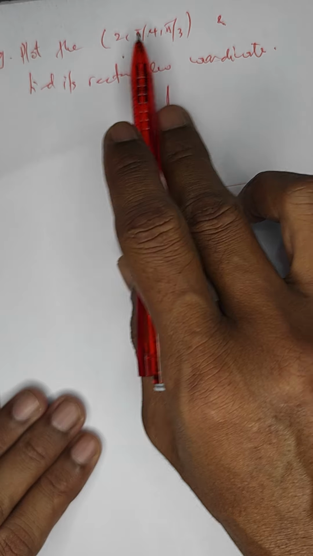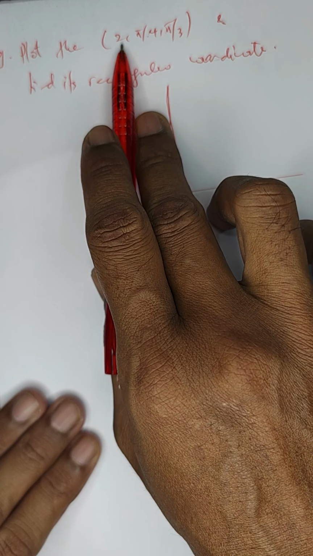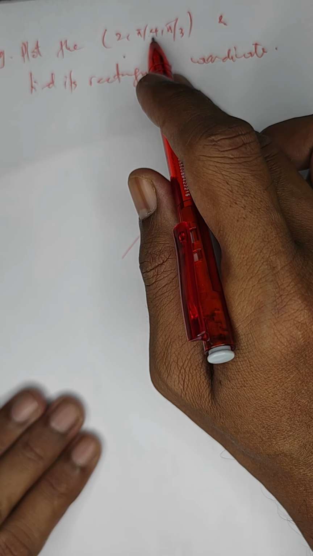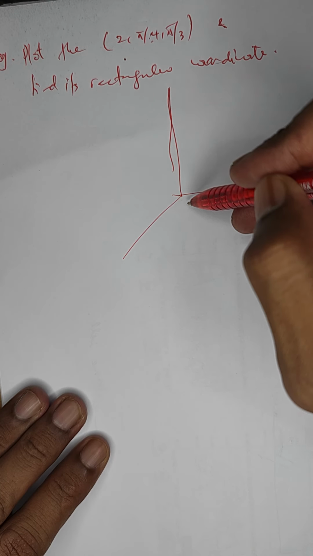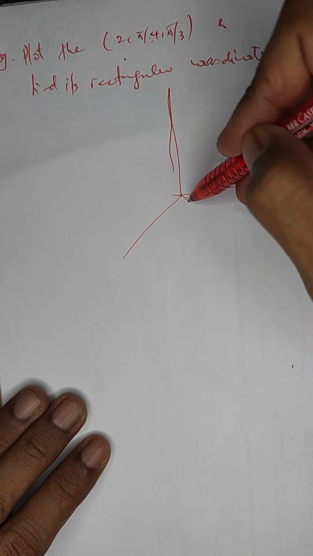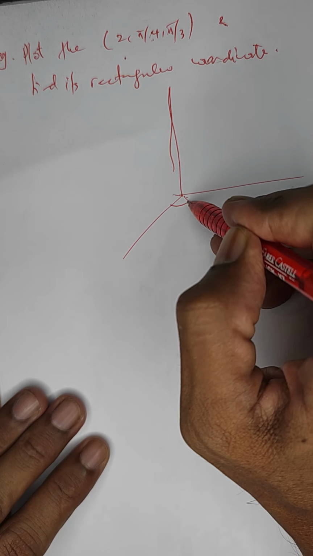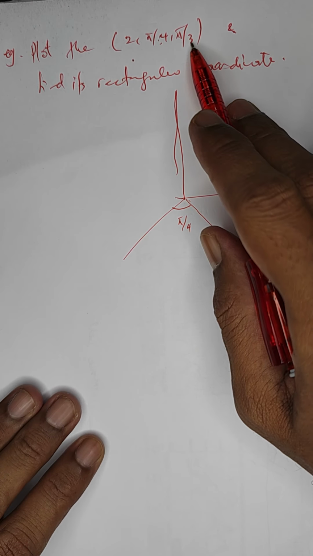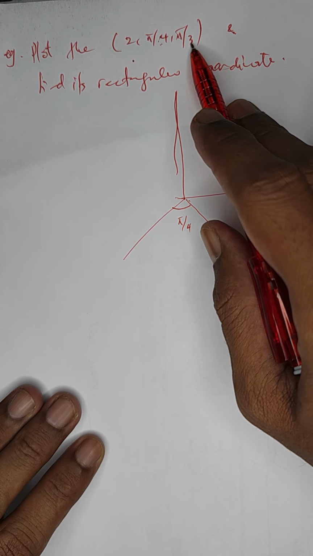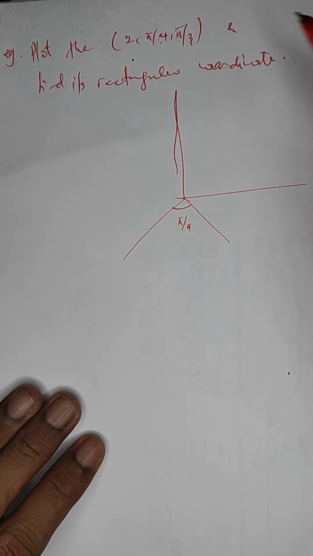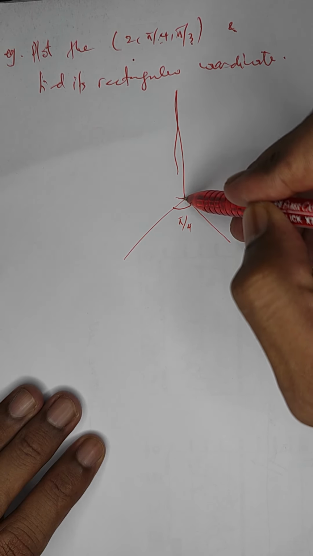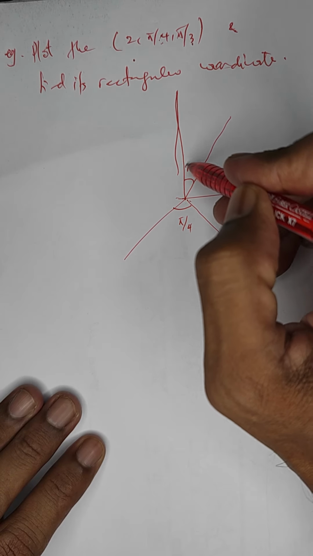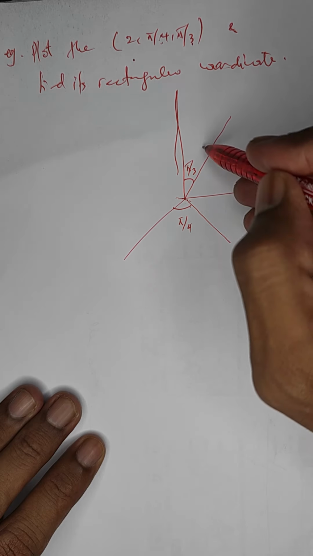So you know where theta is. Rho is positive 2, and theta is pi over 4, somewhere here. Then phi is pi over 3, so this is pi over 3 here, and the distance is 2.